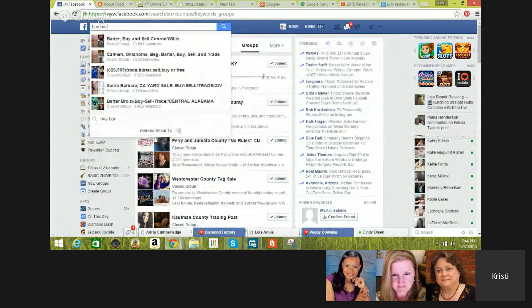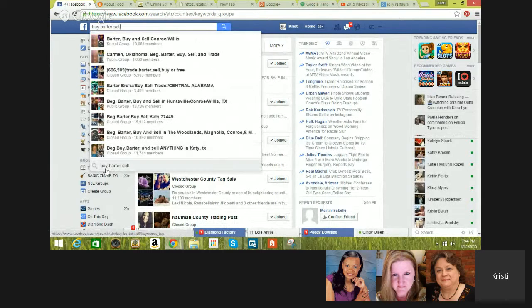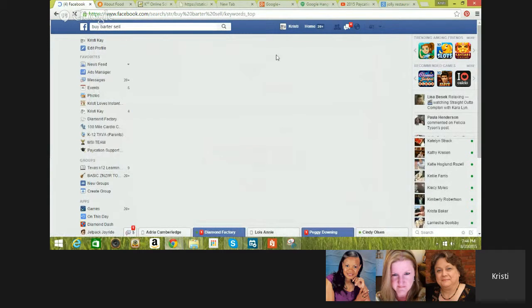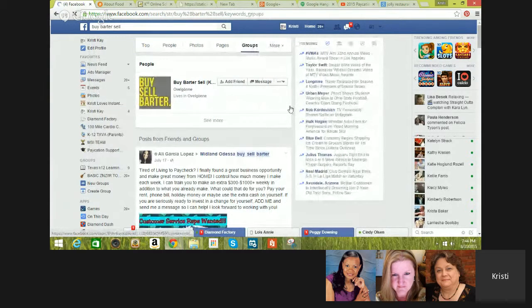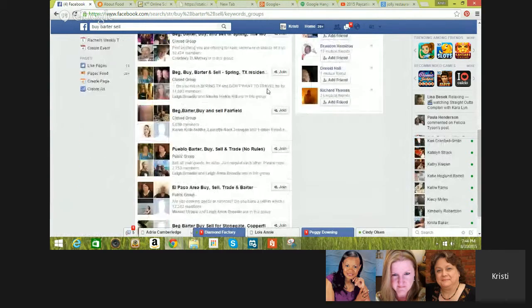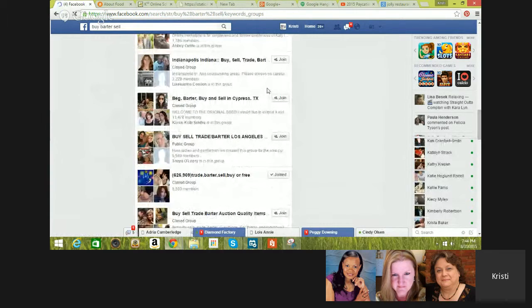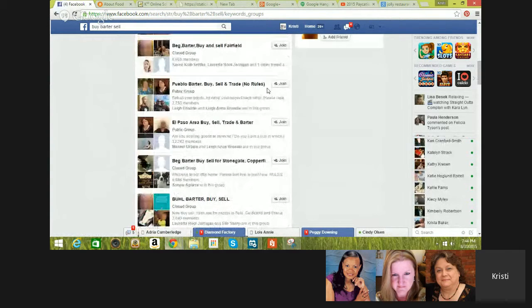Buy, barter, sell, let's do that. The same thing, you're going to go to more, into groups. But the first thing you need to do is have some groups to join. You only need to join 10 groups per day.